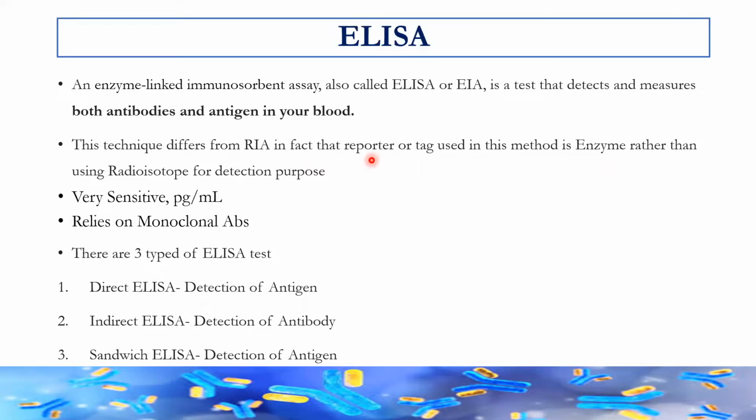Apart from that, radioimmunoassay can detect and quantify an antigen, whereas ELISA can detect both antibodies and antigen in the blood. Both radioimmunoassay and ELISA are highly sensitive. Even ELISA is very sensitive, and basically it depends on monoclonal antibodies.